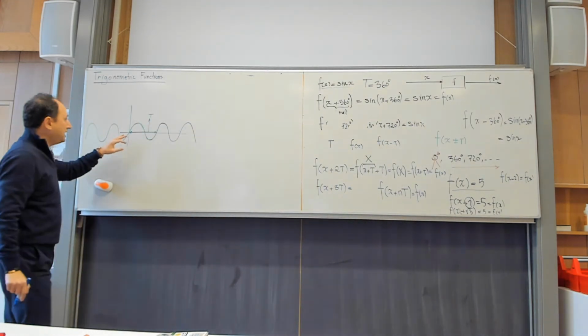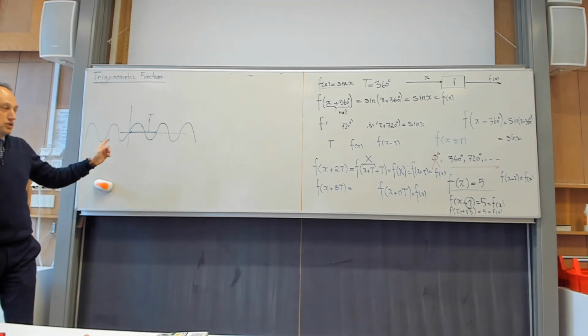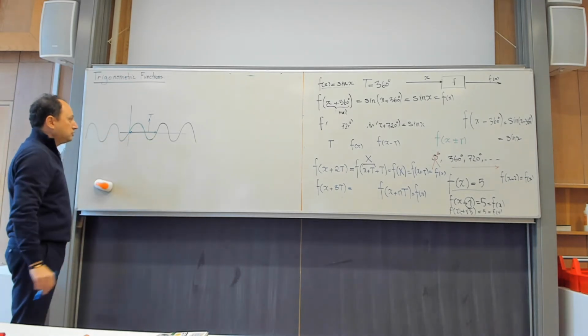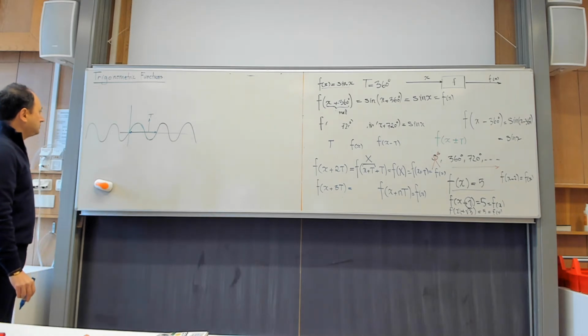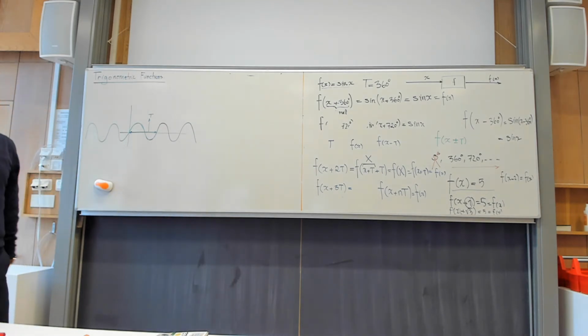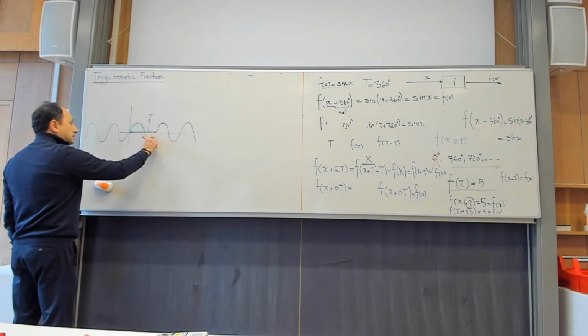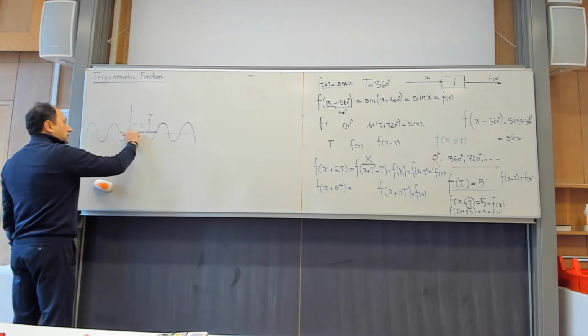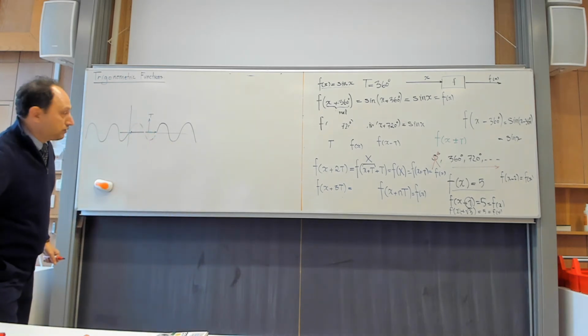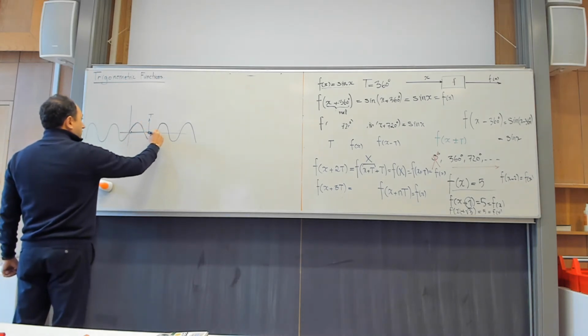Can you tell me another portion that I can copy and paste to generate the same graph? This is not unique. This one was good. Can I imagine another copy and paste portion so that it also generates the same graph? So let me clean this. Can you imagine another portion that, by copy and pasting, will generate the whole graph?